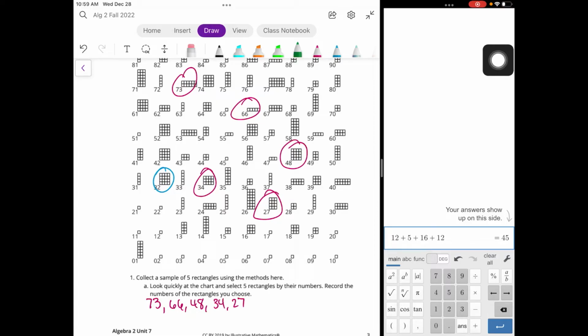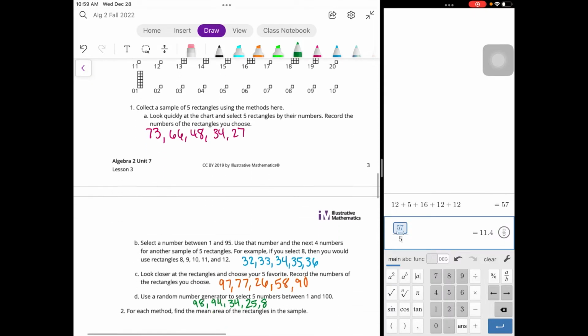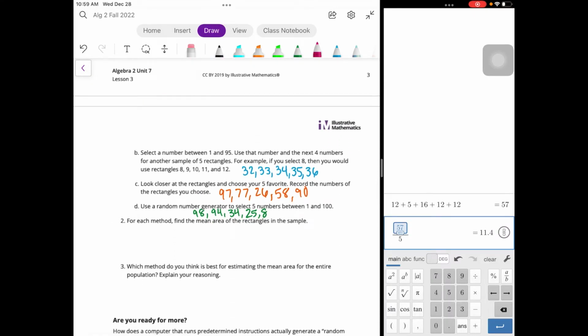And then 27 is another 3x4, so that's 12. And then we are going to take that answer and divide it by 5. So we get 11.4 for the first one.